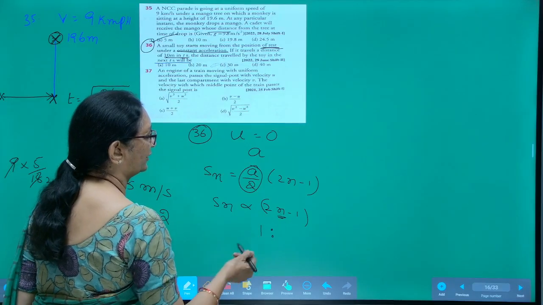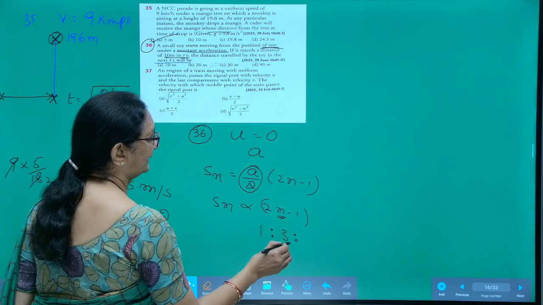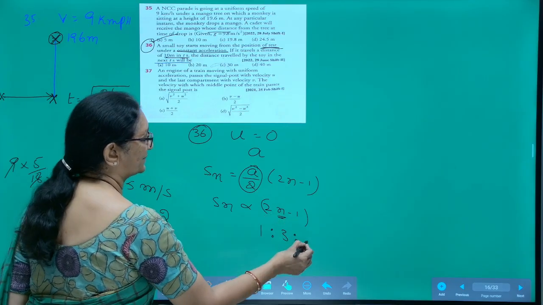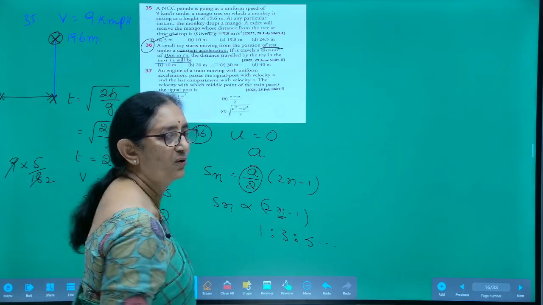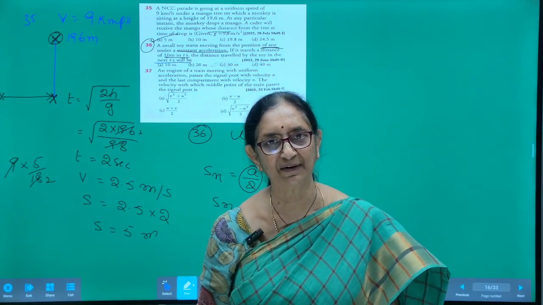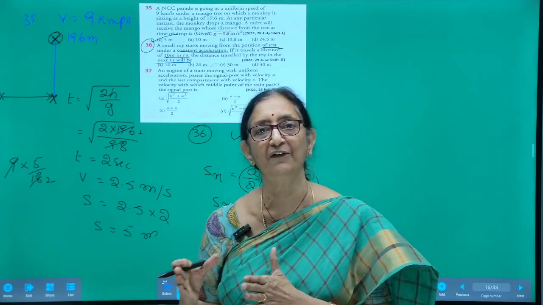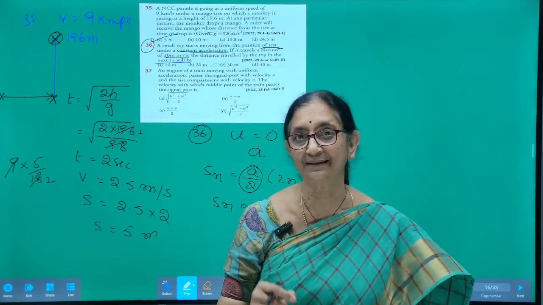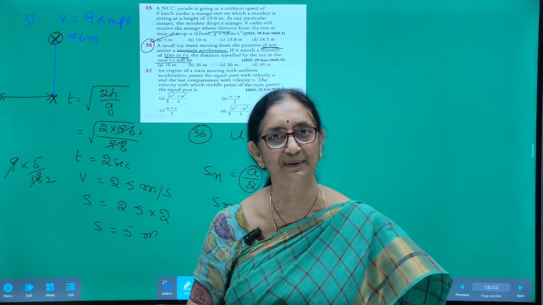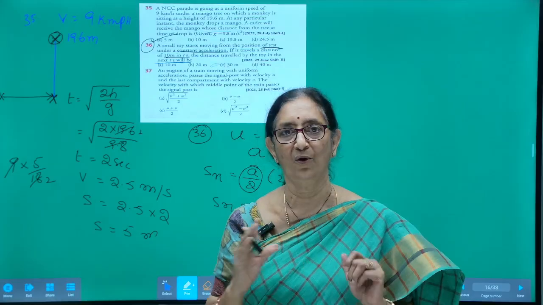In the second equal interval, 2 twos are 4 minus 1, 3. In the third equal interval, 2 threes are 6 minus 1, 5, and so on. So, in case of a body starting from rest, moving with uniform acceleration, the ratio of displacements in successive equal time intervals is 1 is to 3 is to 5 is to 7, and so on.